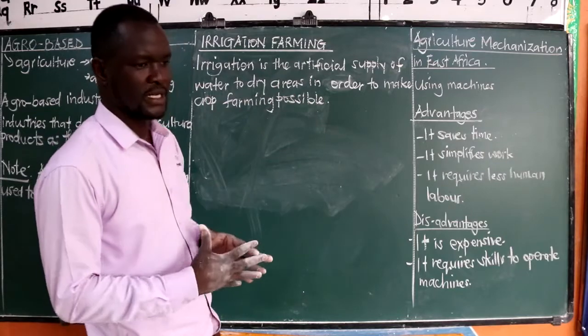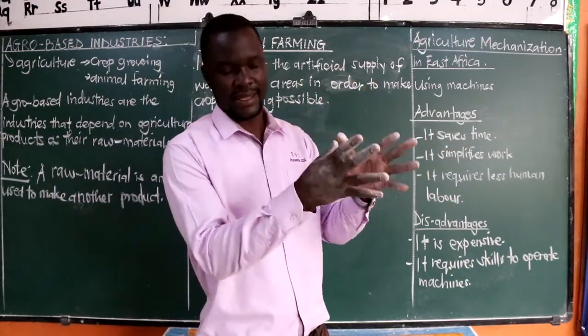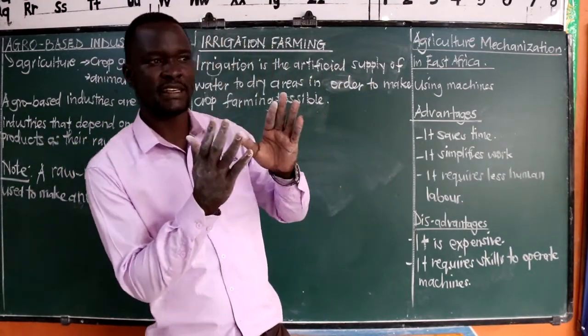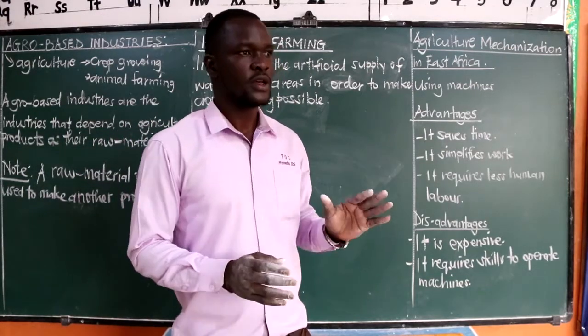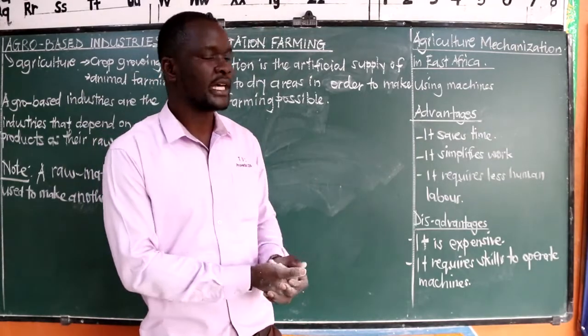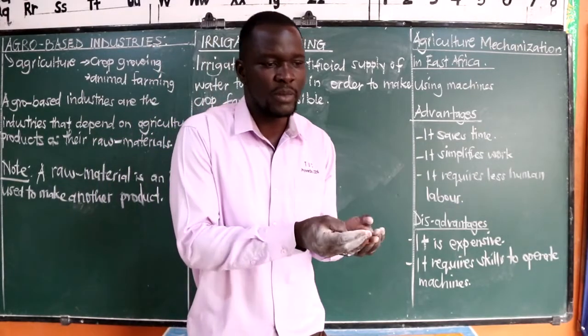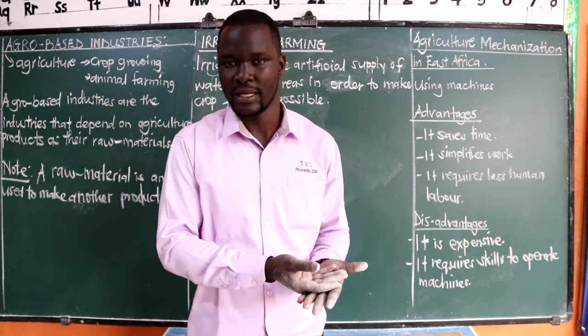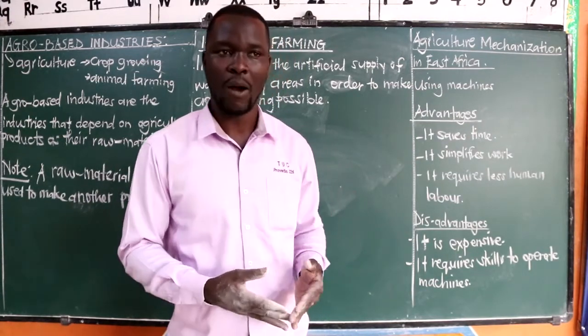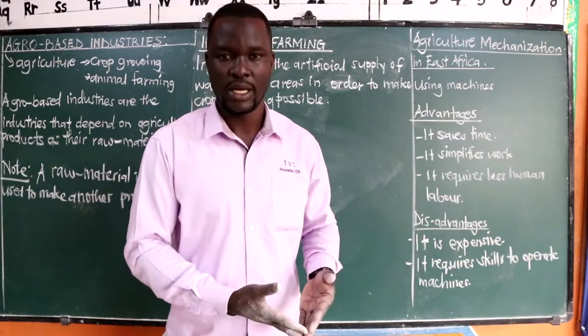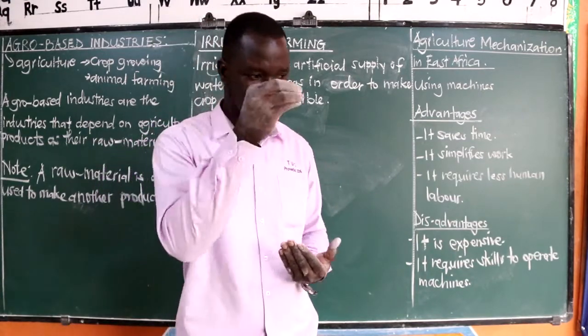possible. Which means an area is there, it does not receive reliable rainfall, does not receive a lot of rainfall. So what happens is this area can be made a cultivable area. Cultivation can be done in such an area. How? Through irrigation, connecting water to that area.